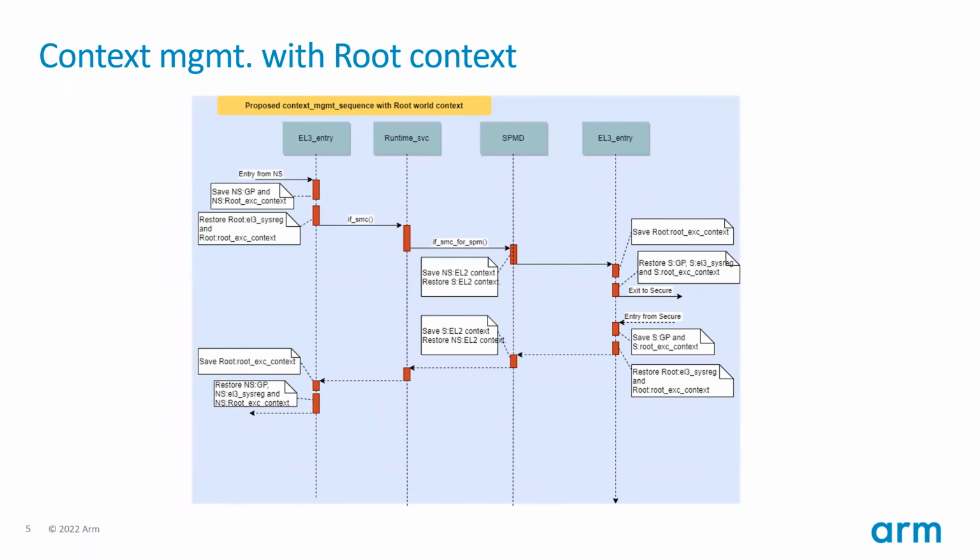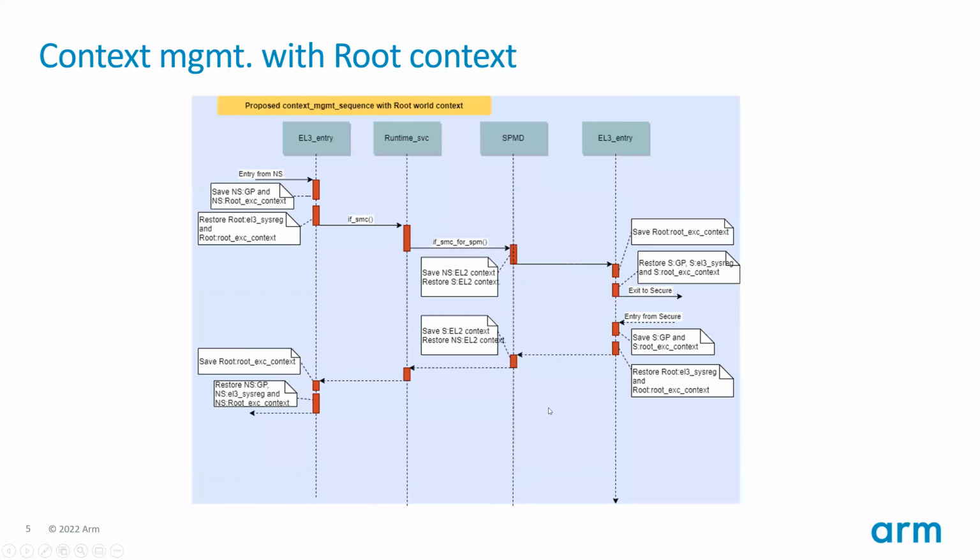So that's why this is being proposed, where EL3 itself has a root context. So as soon as you enter EL3, the EL3 sysreg context would be restored once the save of that particular sysreg is done. And then during this execution, we have a predictable and stable EL3 sysreg, whatever was programmed by EL3.